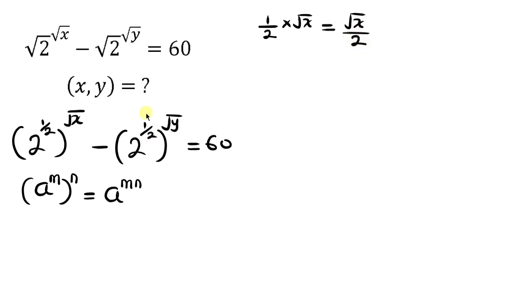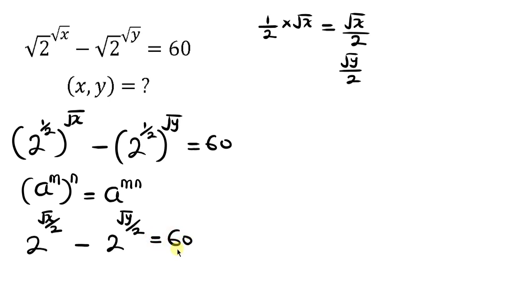The same thing happens here, giving the square root of y over 2. So our expression now becomes 2 to the square root of x over 2 minus 2 to the square root of y over 2, and this is equal to 60.